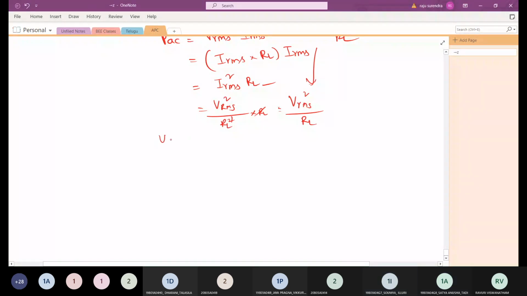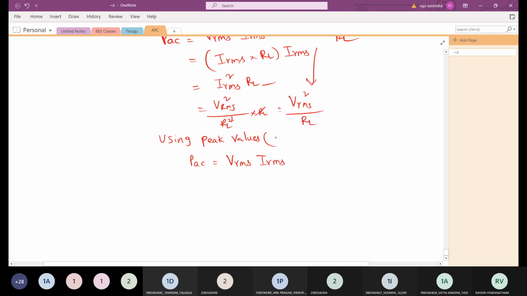Using peak values. PAC is equal to VRMS into IRMS.